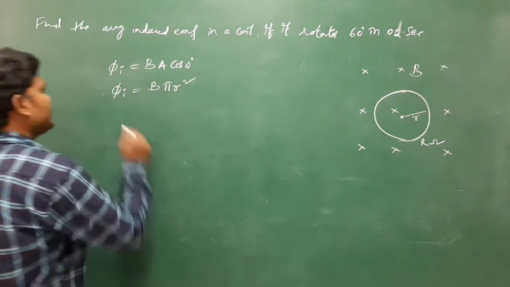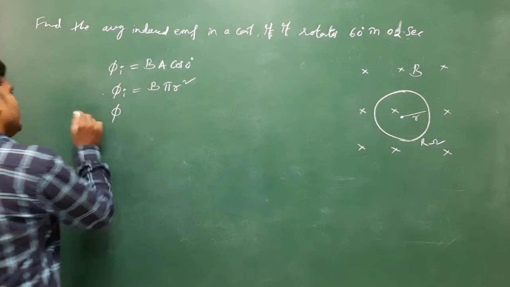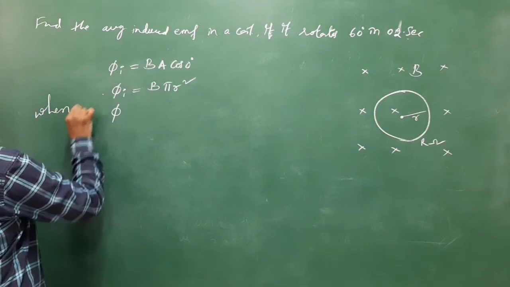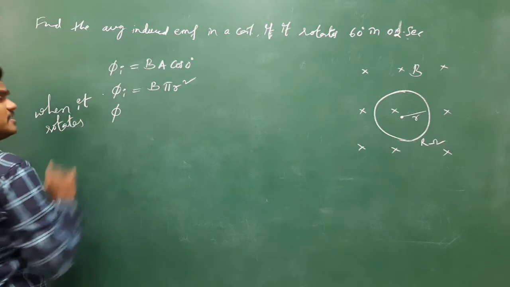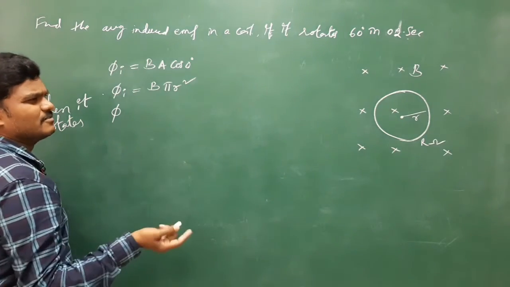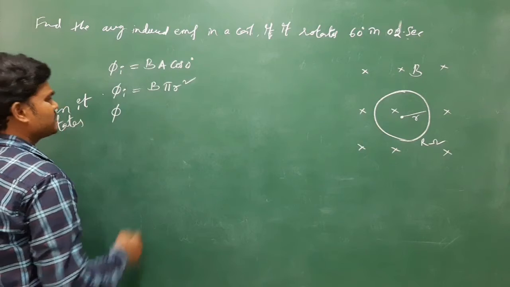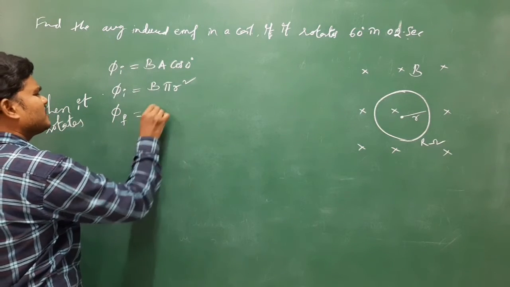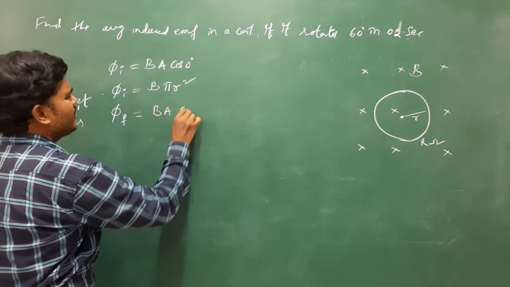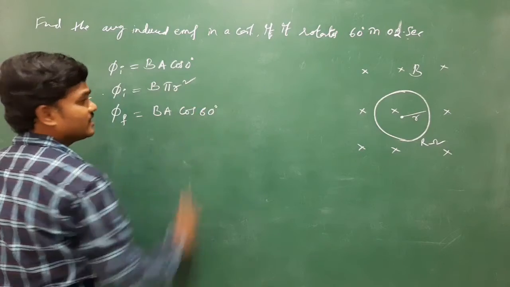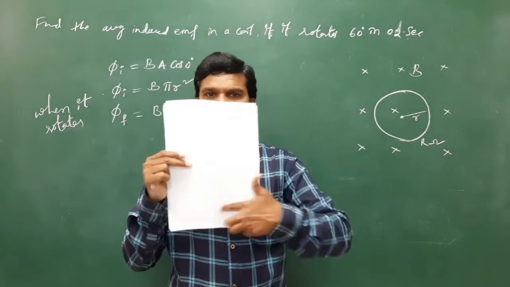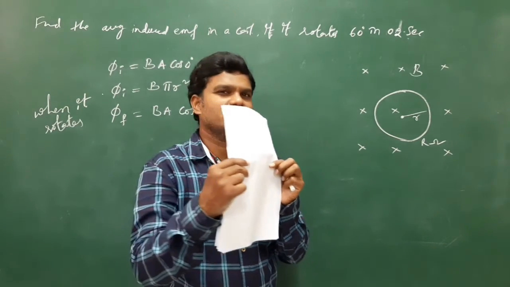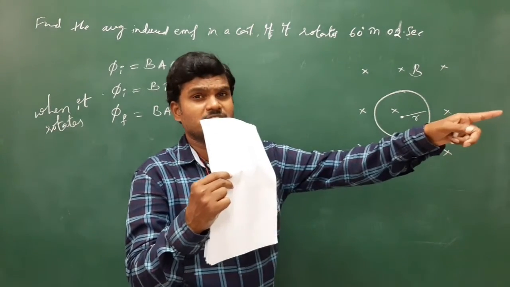Now let me write the final flux when it rotates. When it rotates through some 60 degrees in any one direction, maybe clockwise or anti-clockwise, the final flux is B A cos 60 degrees. Once the coil rotates, the area vector also rotates 60 degrees.